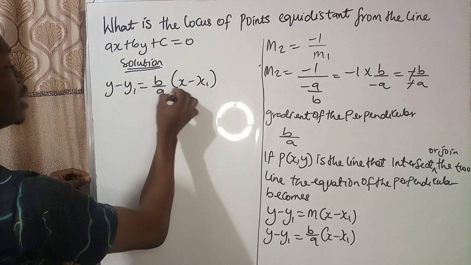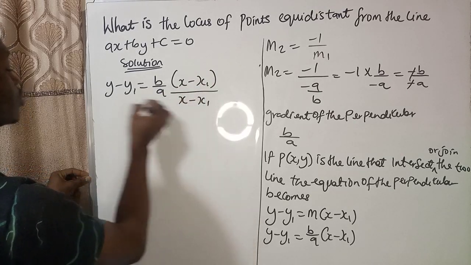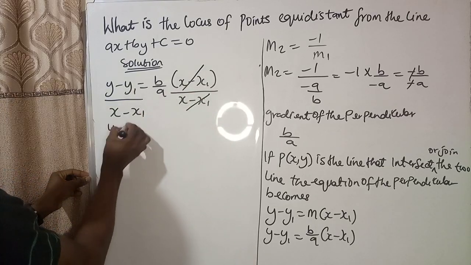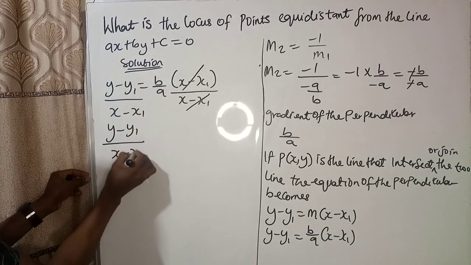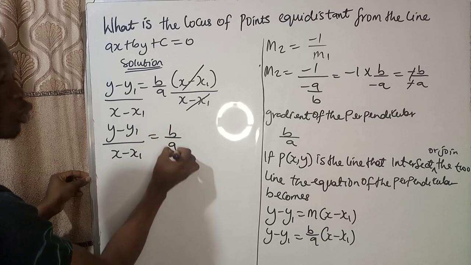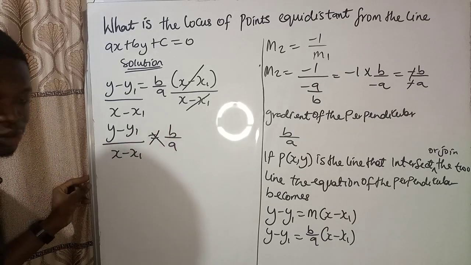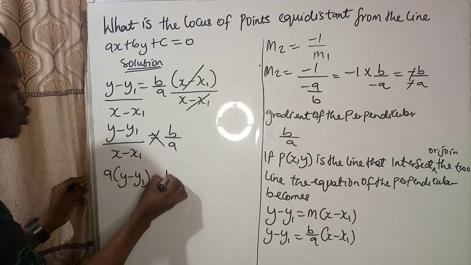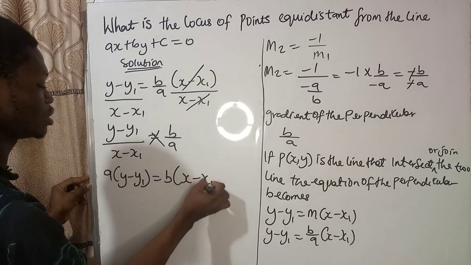So we can divide both sides by x minus x1, so this one we cancel. We have y minus y1 all over x minus x1 equals b all over a. So we cross multiply. This will be a parenthesis y minus y1 equals b parenthesis x minus x1.